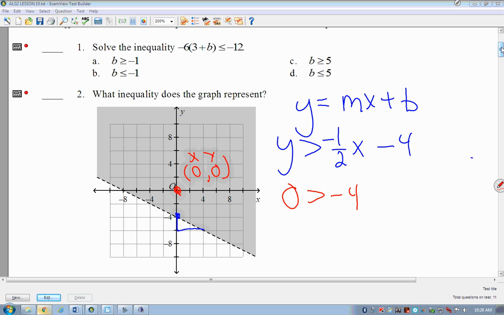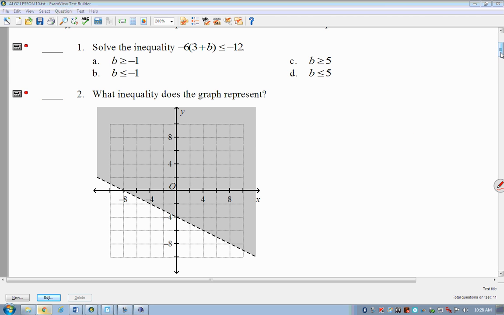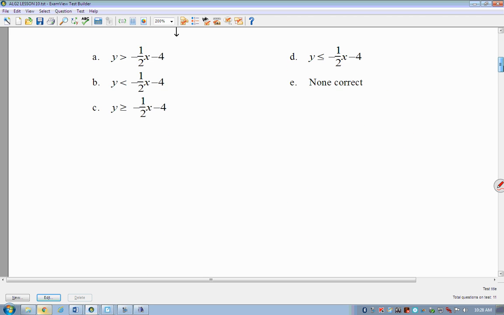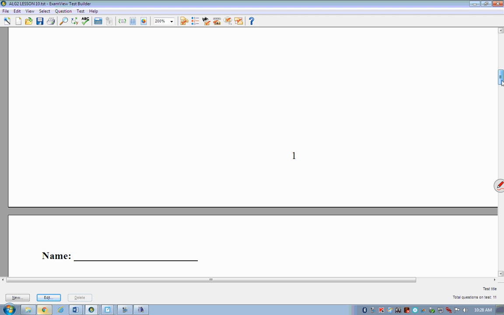So pick a point that is in the shaded region. The nicest one is 0, 0 when it's in the shaded region. But if it's not in the shaded region, use a different point. You could still use 0, 0, but it would be confusing because it would have to not be true. Okay? All right, so I think we said y is greater than negative 1/2 x minus 4, so A was our answer.